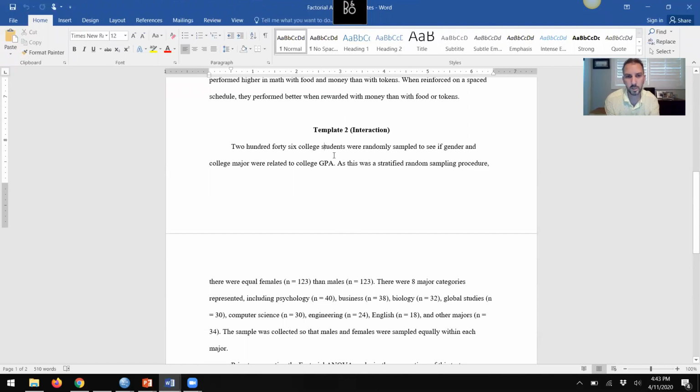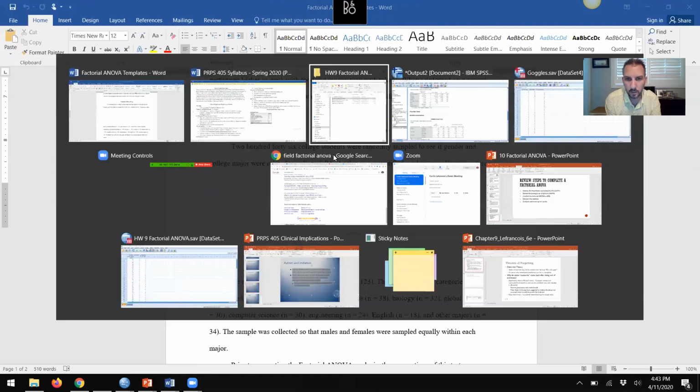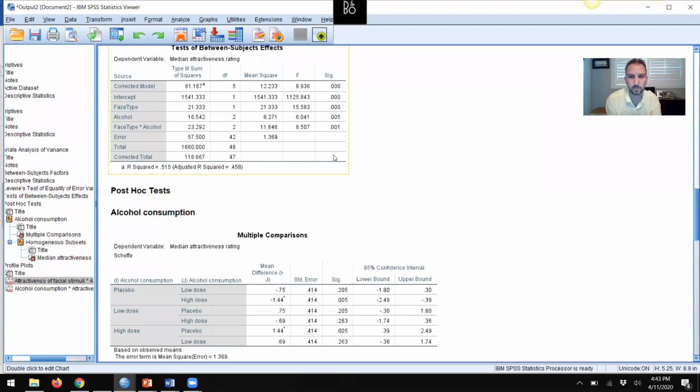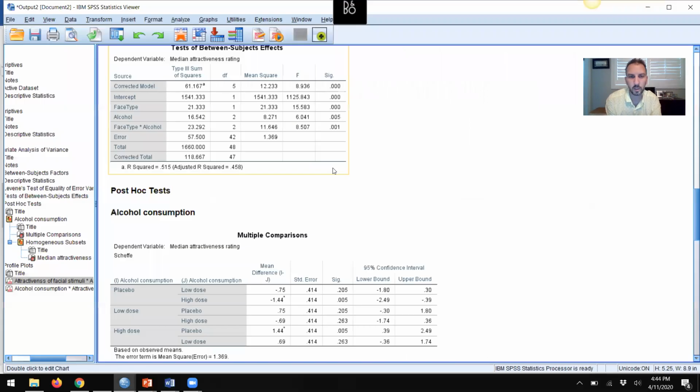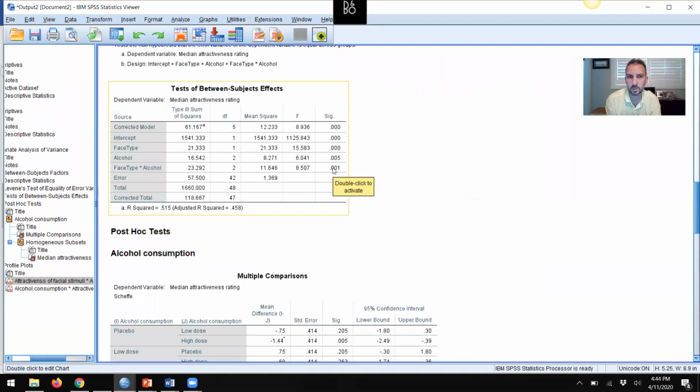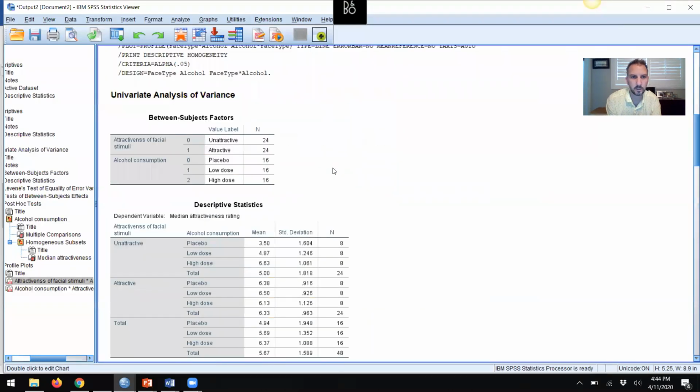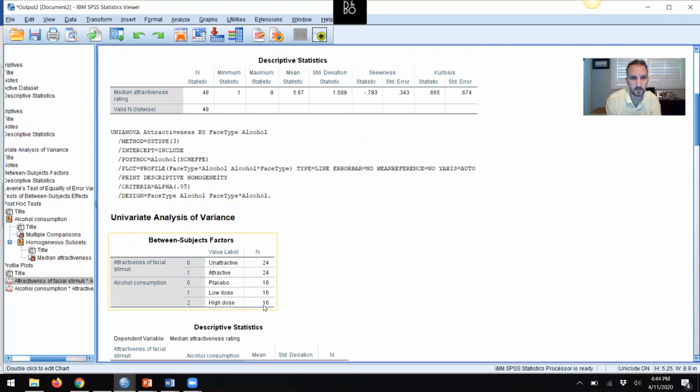So first off, I start here with a statement about the sample itself. Now, I have written this out: 246 college students were randomly sampled to see if gender and college major were related to college GPA. So in this data set, I have it collected, and there's actually 48 participants.